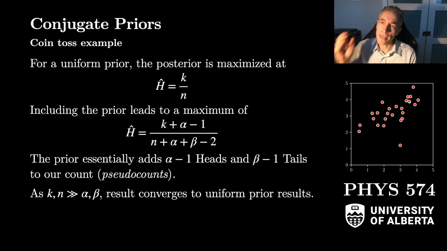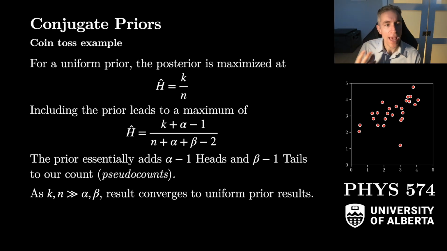But if we instead look up where the mode of a beta distribution is, it shows up at a value of k plus alpha minus 1 over n plus alpha plus beta minus 2. And this is equivalent to essentially saying we are adding a count of alpha minus 1 heads and beta minus 1 tails to our count. We often call these the pseudo counts.